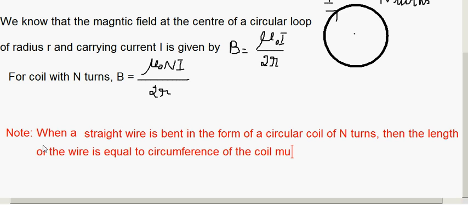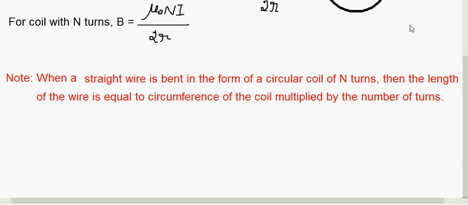So the total length is made into N turns, and you can take the radius of the coil as small r. When a straight wire is bent in the form of a circular coil of N turns, then the length of the wire is equal to the circumference of the coil multiplied by the number of turns.